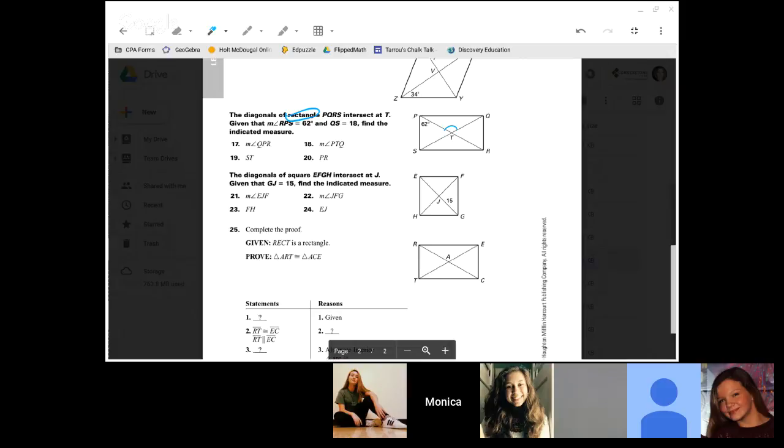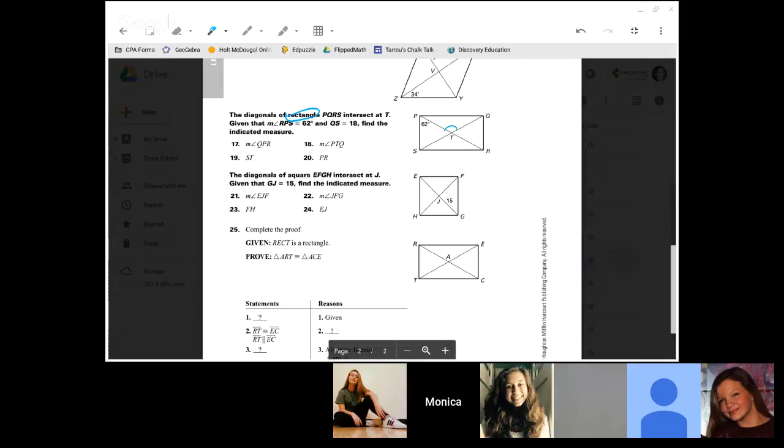Now look over next to that for the rhombus and see what those diagonals do. So in a rhombus, they're perpendicular, which would mean that that would be a 90-degree angle.